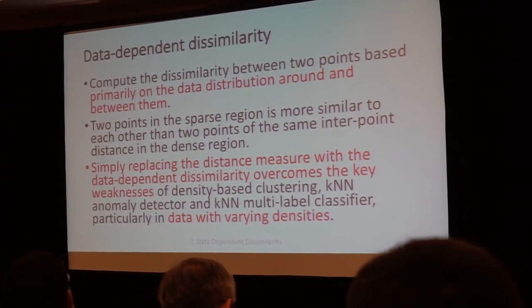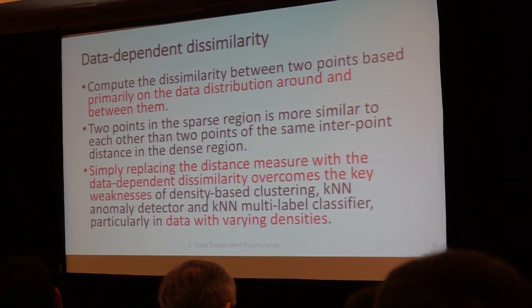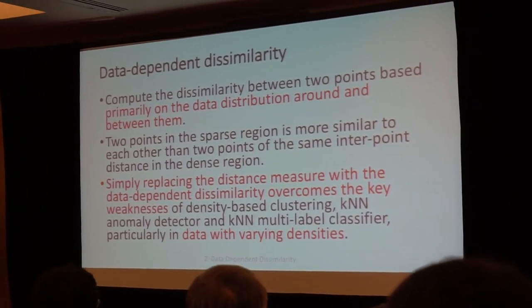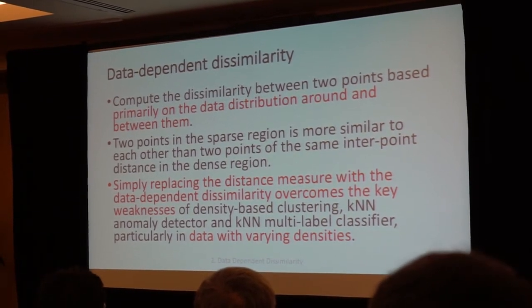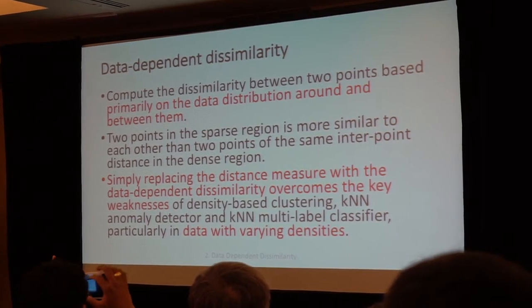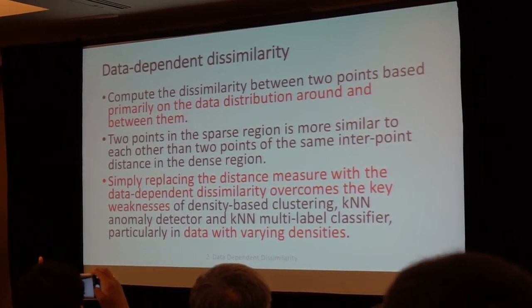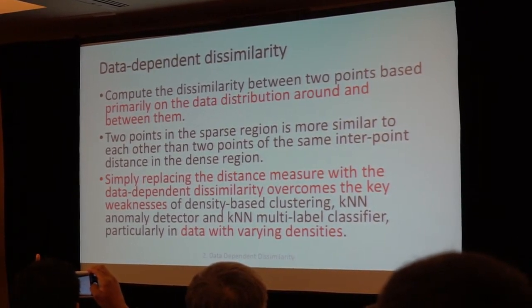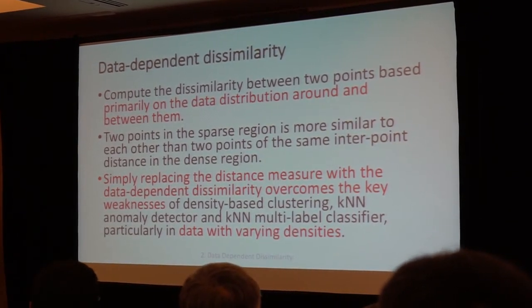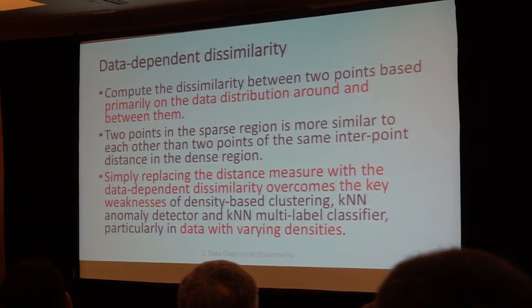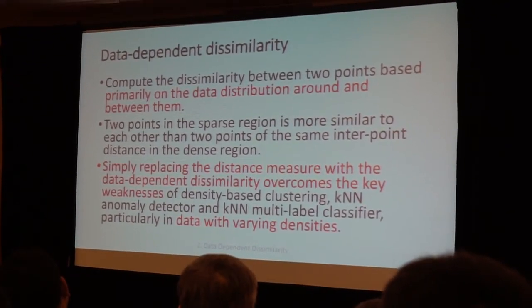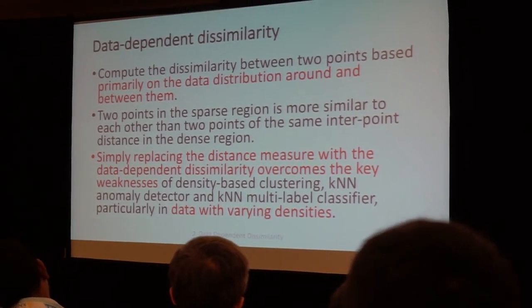So what is the data-dependent dissimilarity measure? The key here is that we compute the dissimilarity between two points based primarily on the data distribution around and between them. Once you do that, you fundamentally change the way you identify similar neighbors.